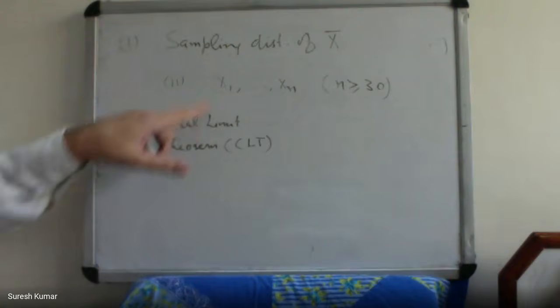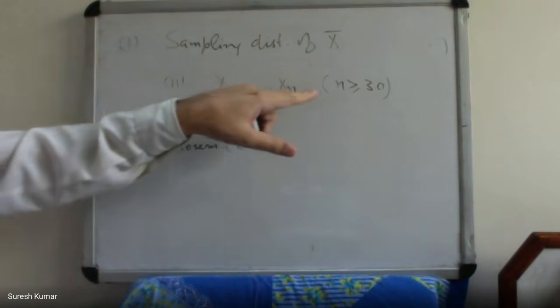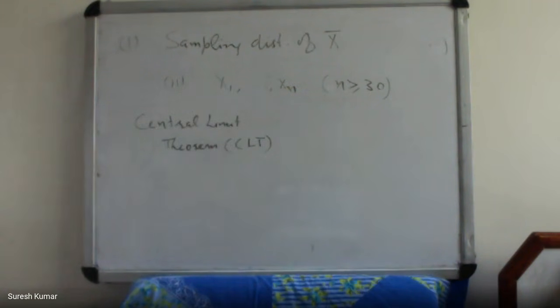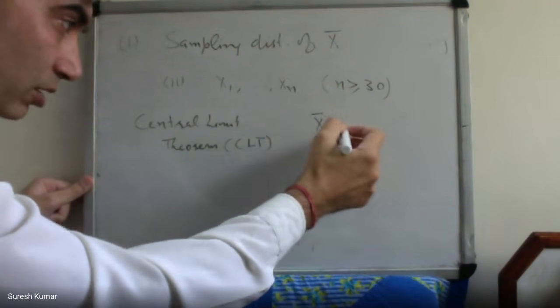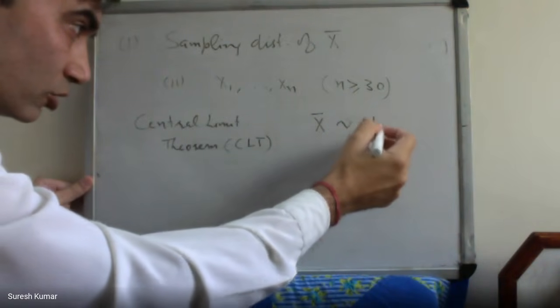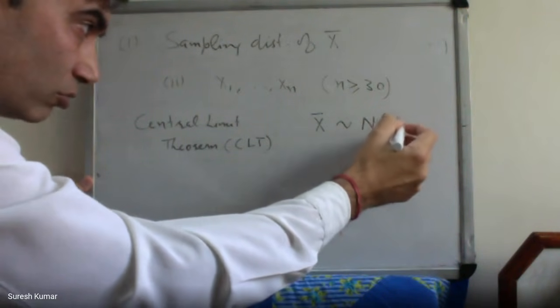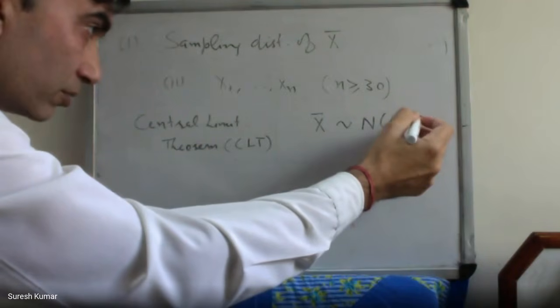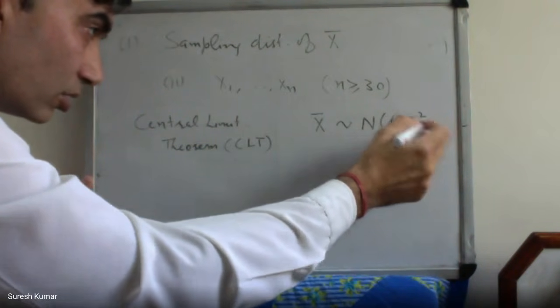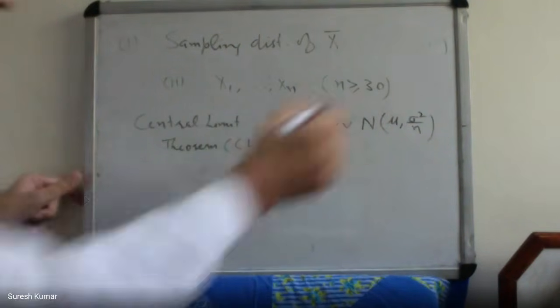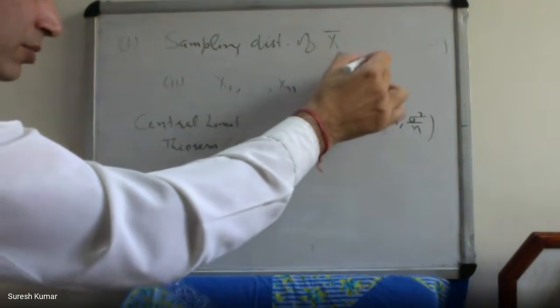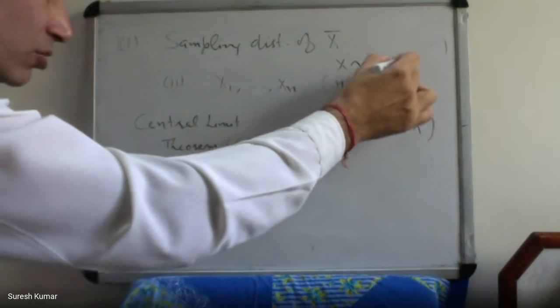So according to this theorem, if a random sample of size equal to or greater than 30 is taken from a population, I'm not saying normal or non-normal, any population, then x bar follows a normal distribution with mean mu and variance sigma square over n, where mu and sigma square are the mean and variance of the population.